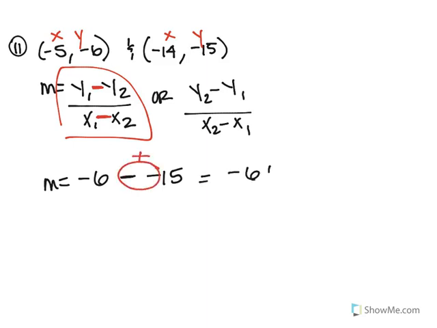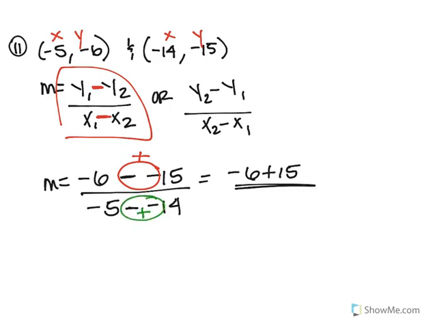That's really the biggest mistake I see with the slope formula, is students want to replace a negative for that minus when they become an actual plus sign. And then on the bottom, you will have your x's, which would be -5 minus a -14. So you have that same thing again, which will also make that a plus. Two negatives make that positive 14.